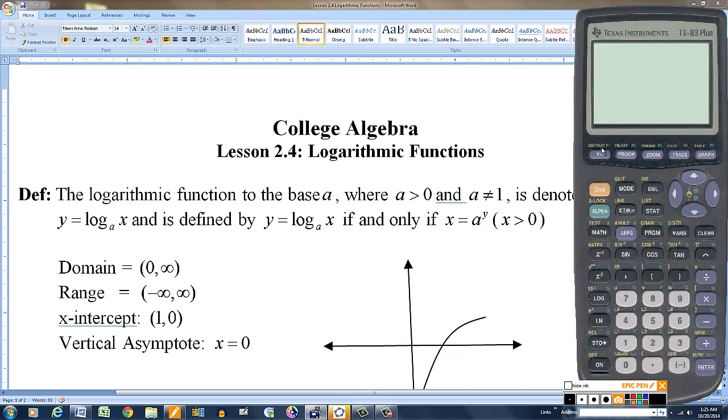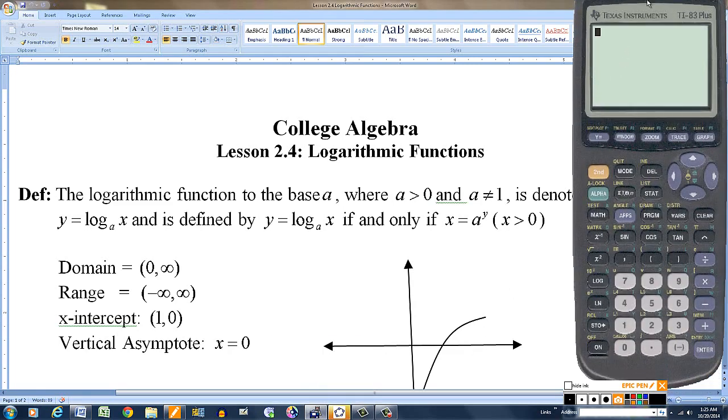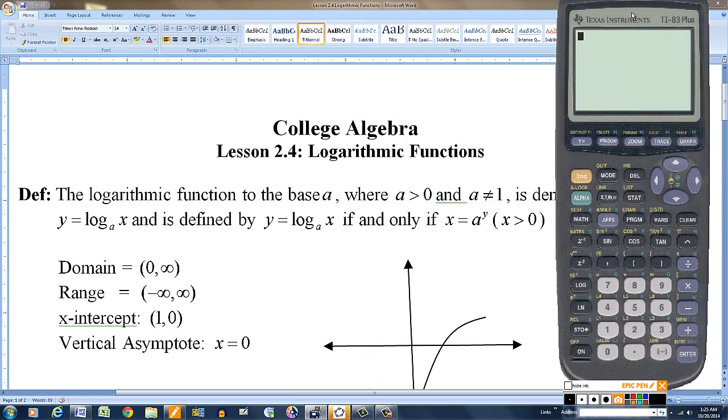Okay, so let's look at a few examples where you use your calculator. On your standard calculators, whether it's a graphing or just a scientific calculator, you're going to have the log key, which is computing the logarithm to base 10. The calculator will also have an ln function, and this is log to base e.